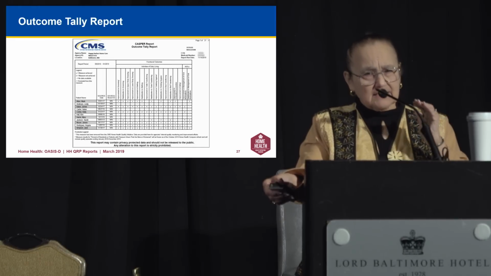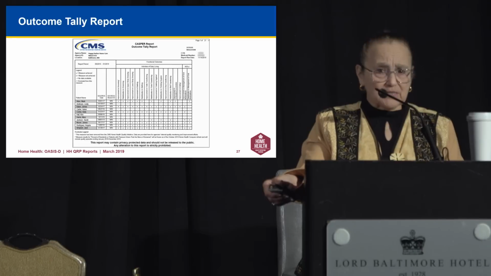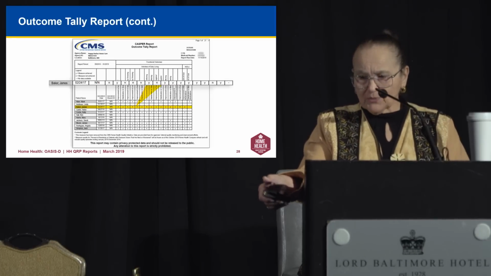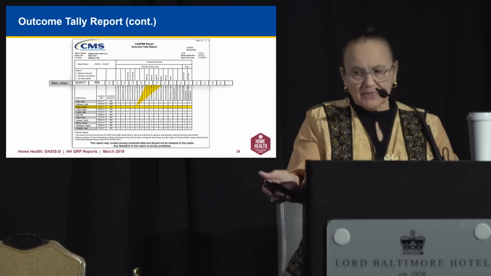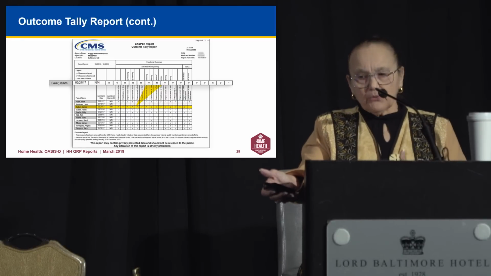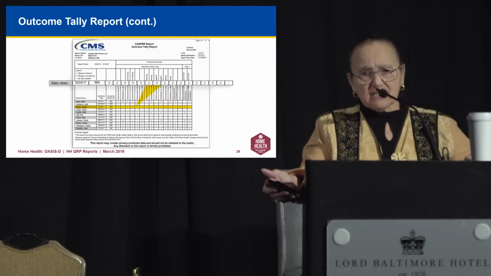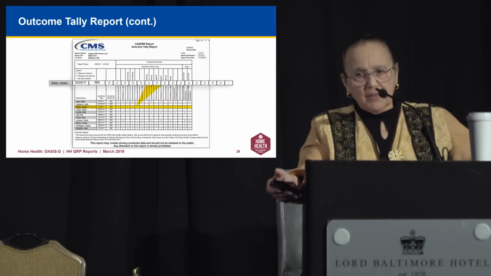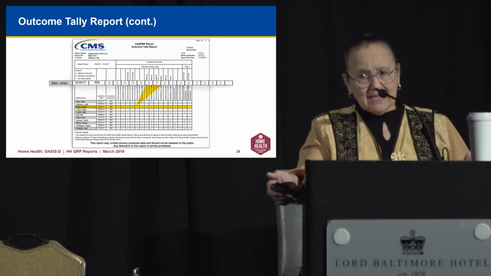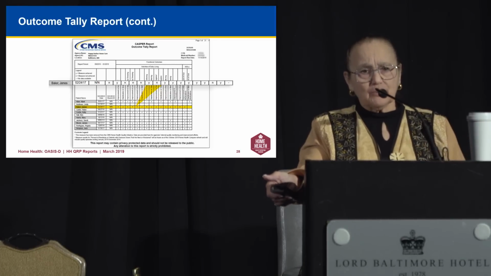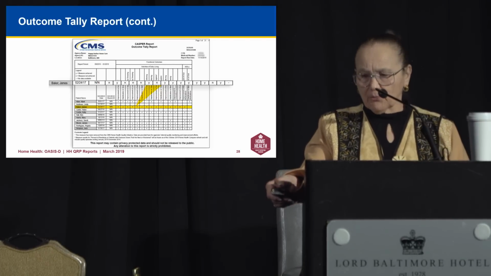Did he succeed in these measures or not? Or did this measure not apply to him for some reason? And so that's what you're going to be looking at. That's what the yellow is showing you, that you can actually identify in this report the agency level data for any measure. You can now look at this patient by patient to see where you have an issue and what you need to do to correct that issue.